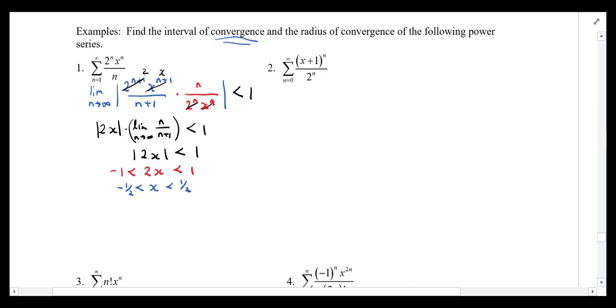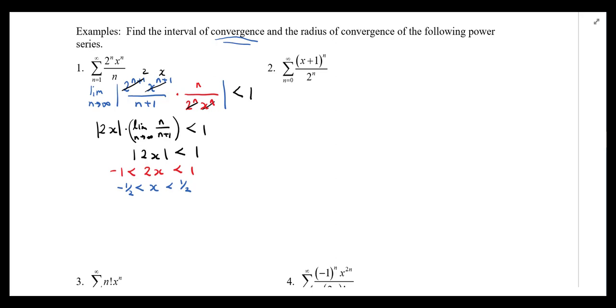Okay? Now remember last day too, when I talked about interval of convergence, less than 1, I guaranteed it converged. But what happens when the ratio test gives me the ratio equal to 1? Right, it was inconclusive. So in this example, I haven't really figured out what happens when the ratio here equals 1.